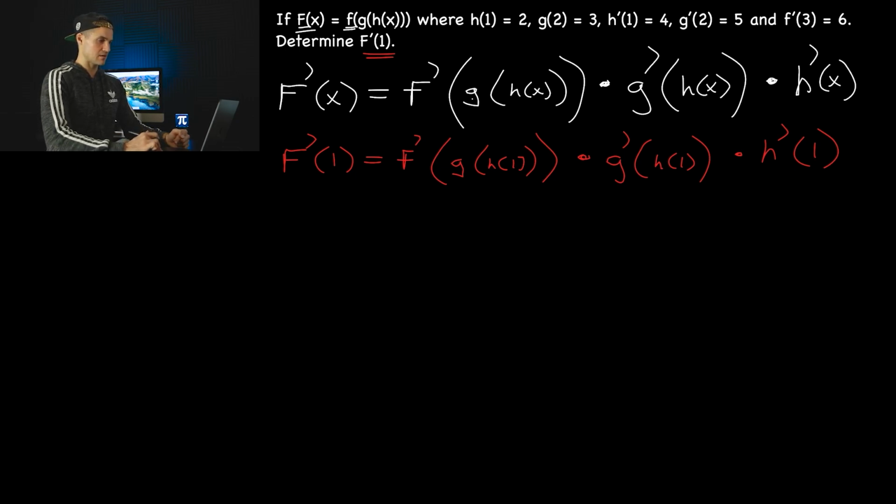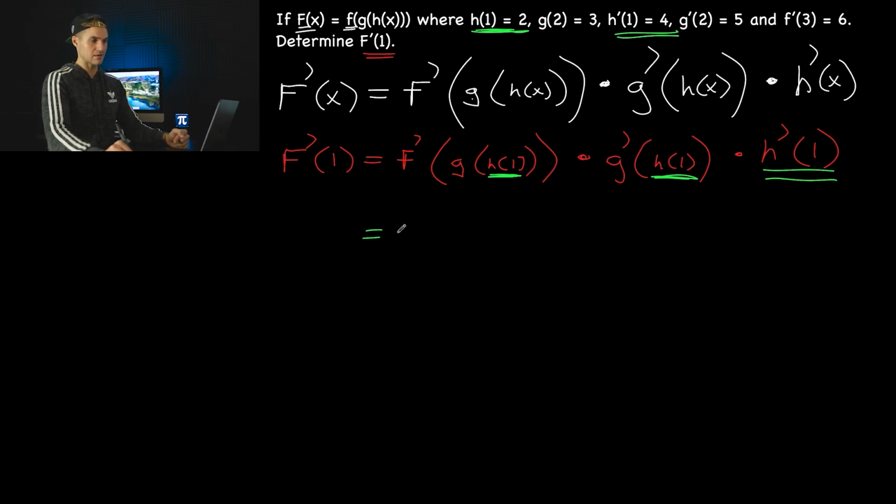So notice here, we've got to plug in something for this h of 1. Notice h of 1 is 2. And we're going to be plugging that in there as well, right? H of 1 is 2. And then notice that h prime 1, where is that given? That's given here as 4.